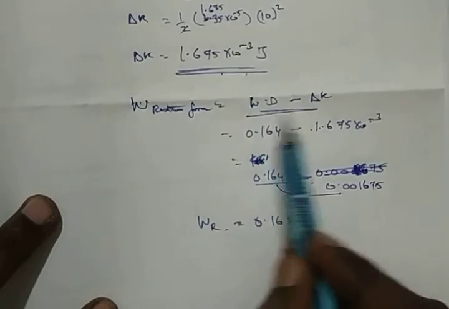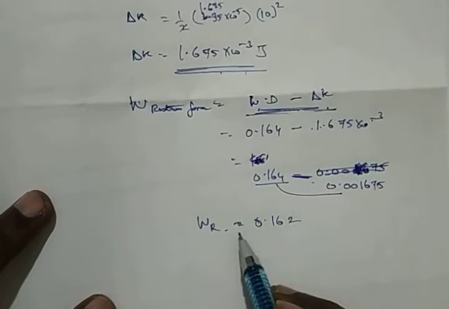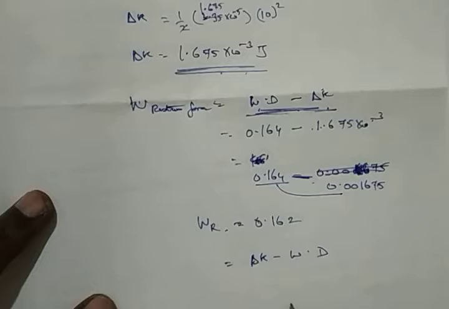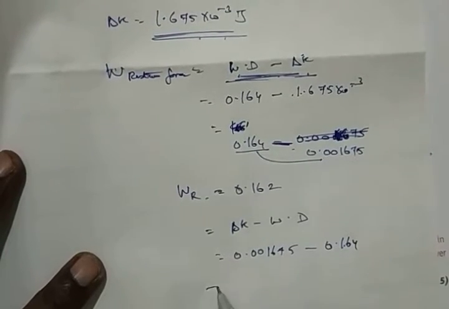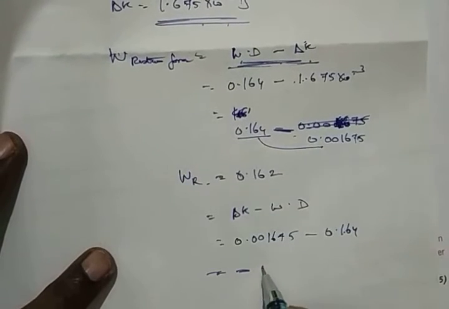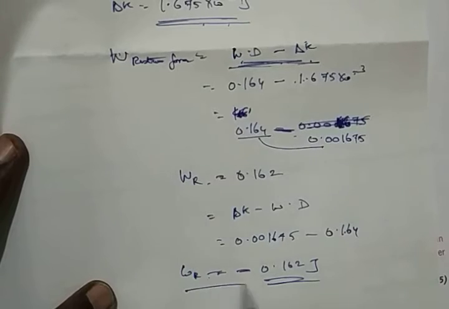It is not work done minus delta K. It should be delta K minus work done. That should be the actual thing. It is going to be 0.001675 minus 0.164. So the value will actually be minus 0.162 joules. Okay, that's the work done by the resistive force.